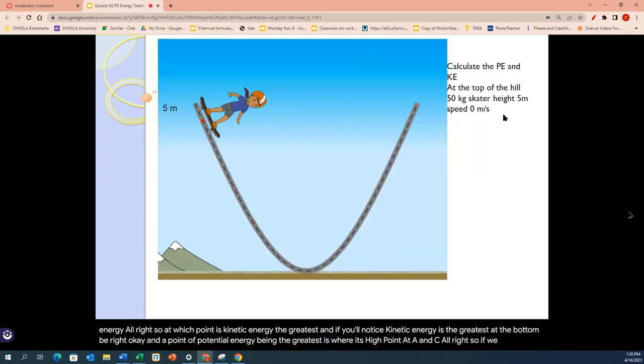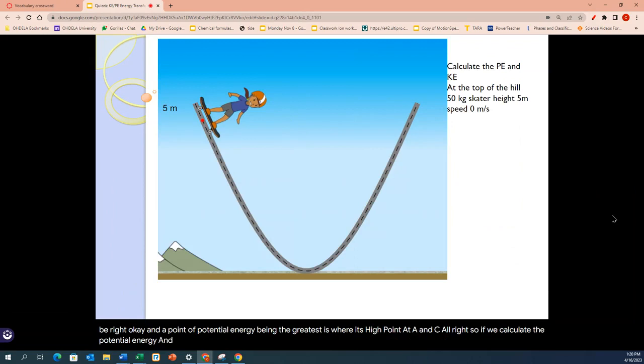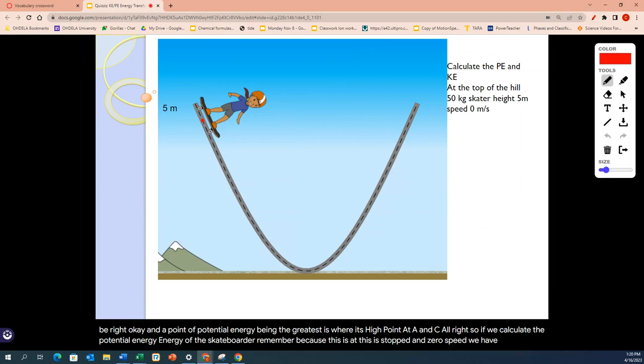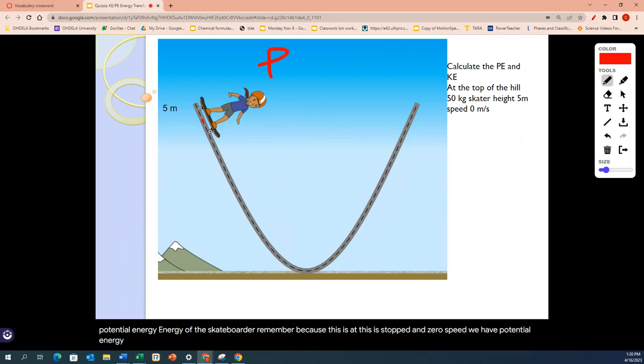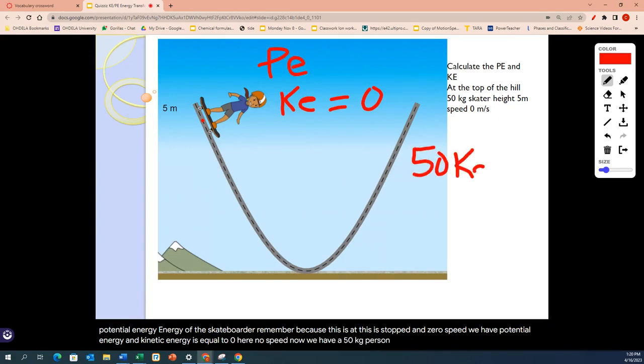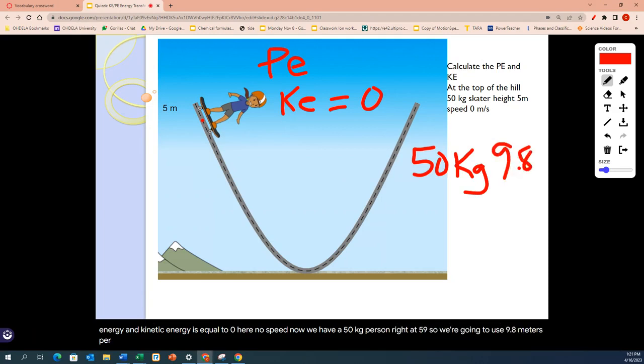All right, so let's calculate the potential energy and kinetic energy of the skateboarder. Remember, because this is stopped with zero speed, we have potential energy and kinetic energy is equal to zero here, no speed. Now we have a 50 kilogram person, so we're going to use 9.8 meters per second squared, multiplied times 5.